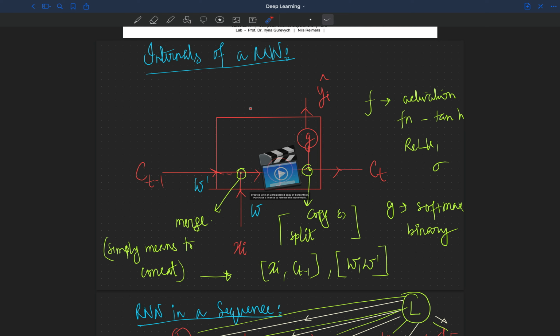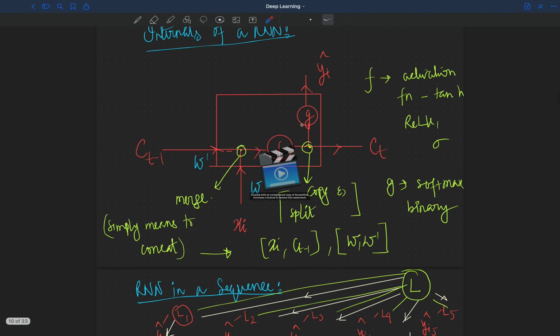As I said, RNN is basically a neural network. It's just a different type of neural network. And why do we need an RNN? Because it holds information of sequential data much better as compared to multi-layer perceptrons or convolutional neural networks.